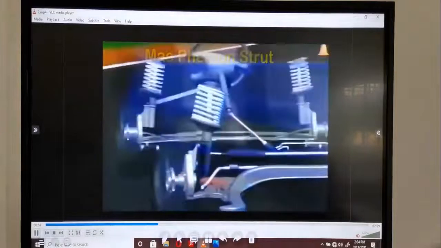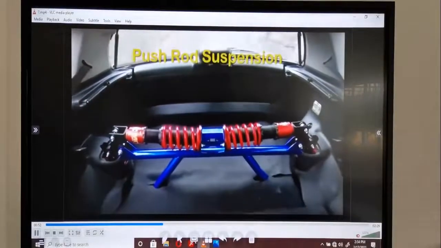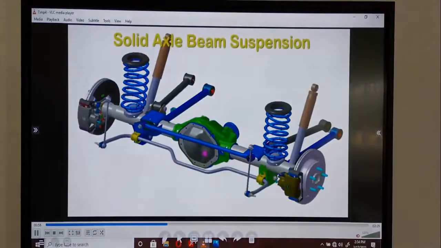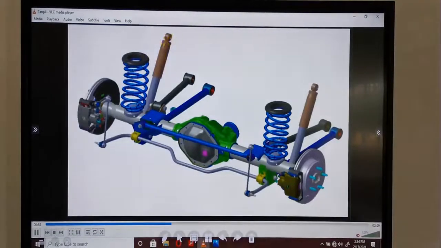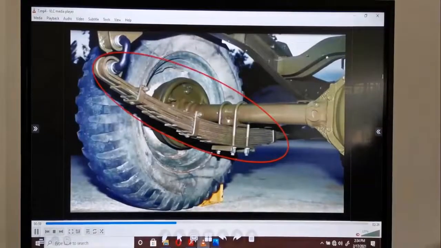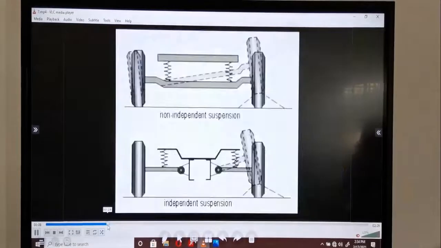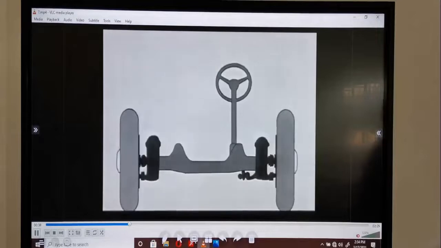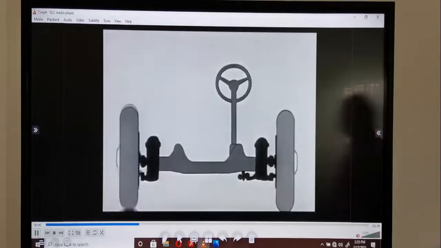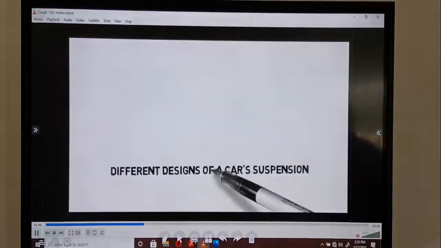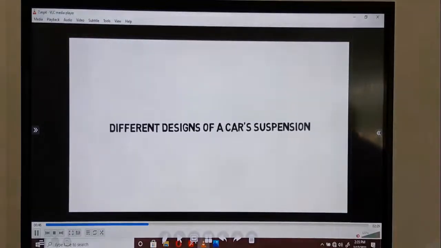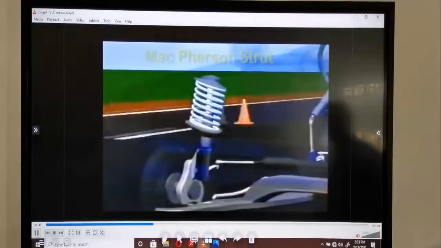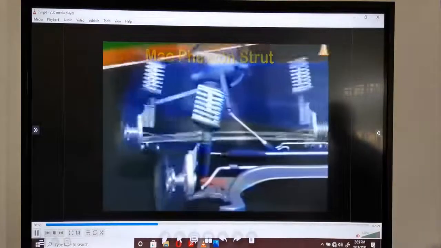So this is a McPherson strut push rod suspension. This kind of leaf spring. I'll play it again. Wait. So this is a McPherson suspension system.